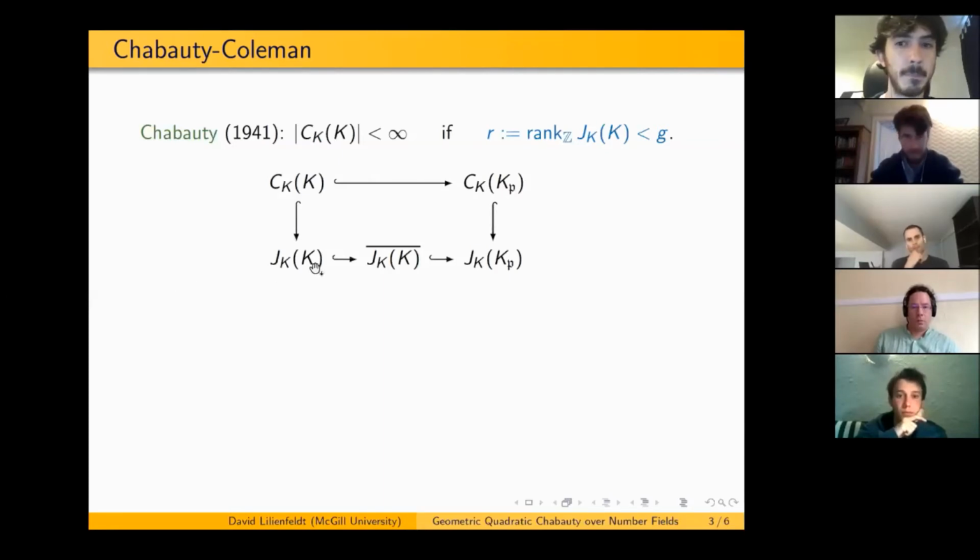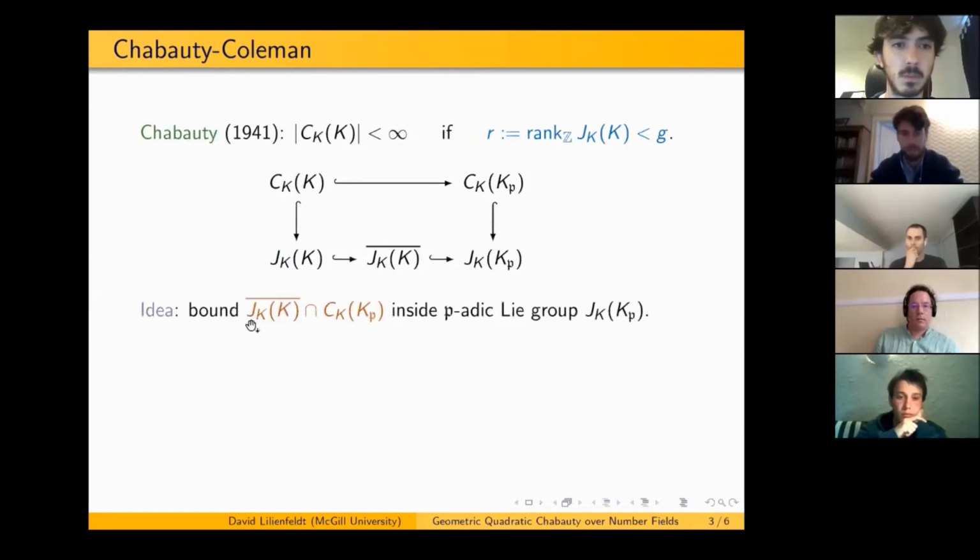Then Chabauty considers the p-adic closure of the Mordell-Weil group inside this p-adic Lie group. By studying the intersection of this closure with the p-adic points of the curve, he shows that this is always finite, and therefore the set of rational points is also finite since it's contained in this intersection.